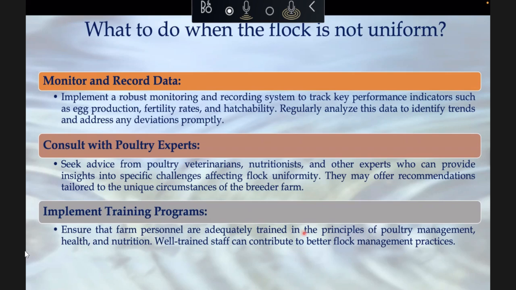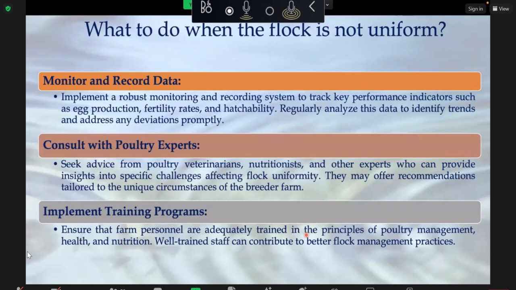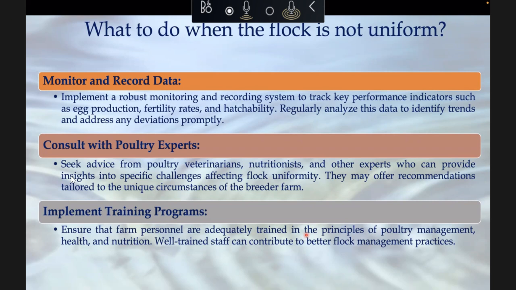As an owner, you need to make sure that all the employees working in your farm, in addition to the supervisor and manager, are well trained. If they are not trained beforehand, you should make a facility so that they learn from you or from some training organization how to rear or how to handle the birds.